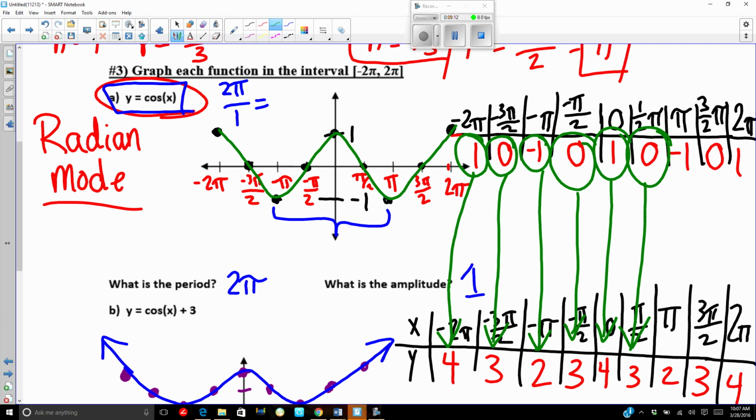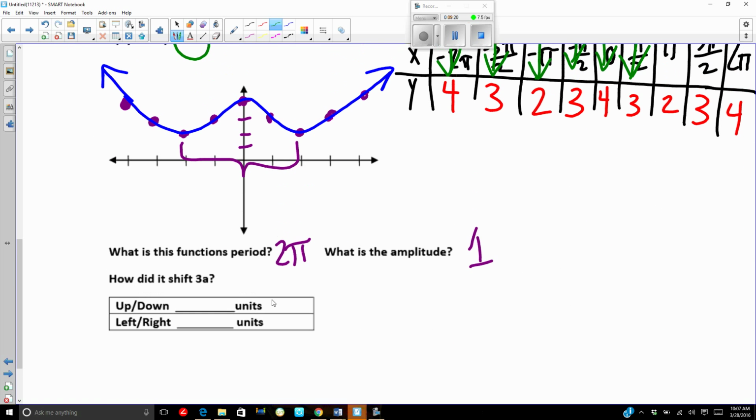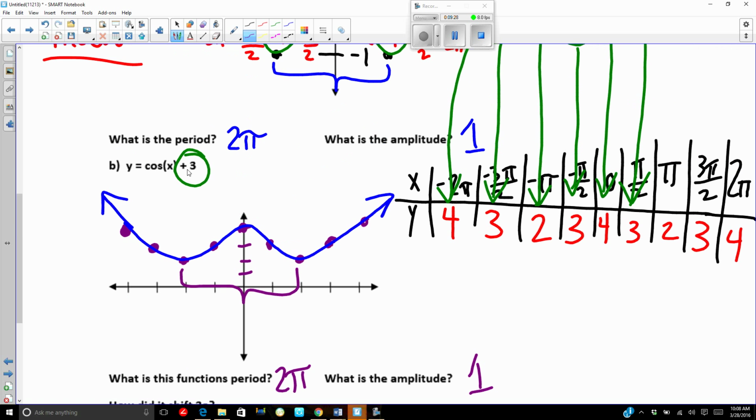It's simply because of this +3 here on the outside. That's our vertical shifter of the trig graphs. So how did it shift? It went up 3 units. Obviously, if it was a -3 right there, this graph would have shifted down 3 units. You need to be aware of how this number here on the outside shifts the graph either up or down.